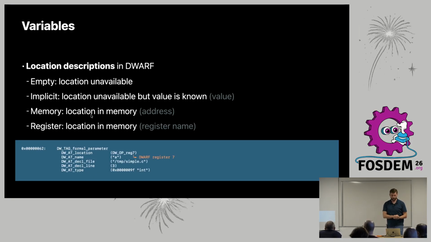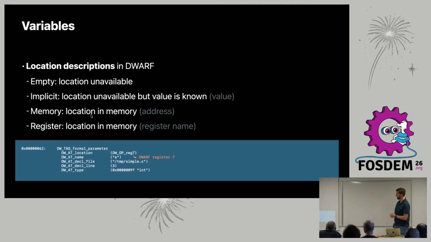Next up is variables. For that, we need a little bit of background about how debuggers use DWARF to parse debug information. If you were in the talk this morning about DWARF 6, you might have already been prepared. The debugger uses DWARF location descriptions to find and recover variable values at runtime. And these can take several forms.